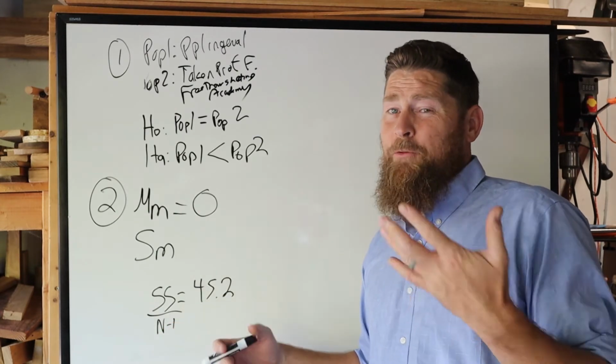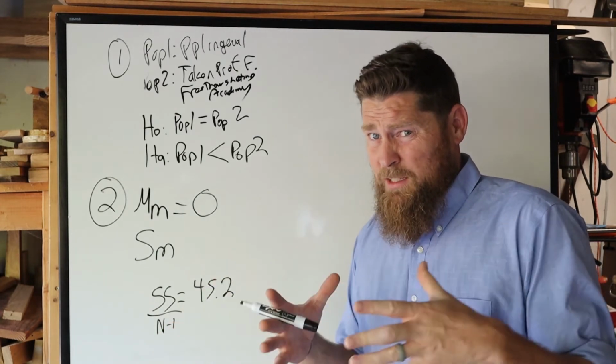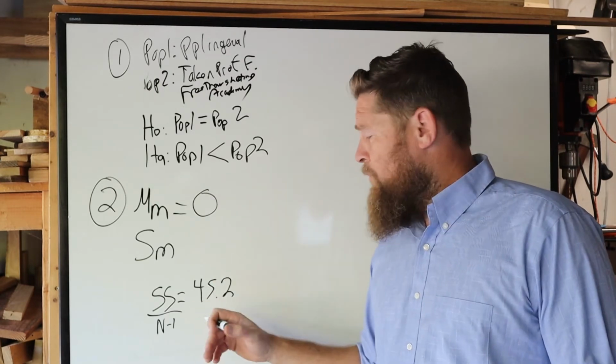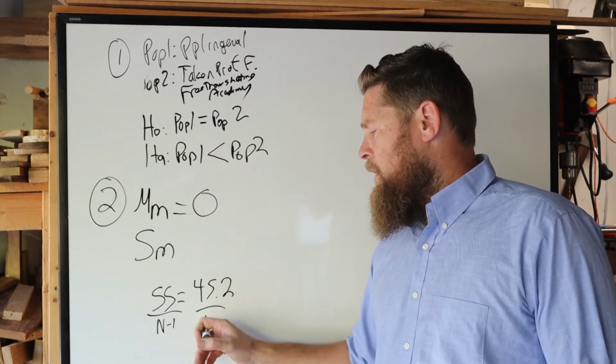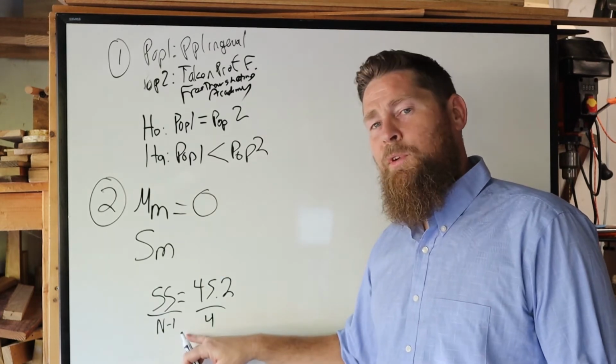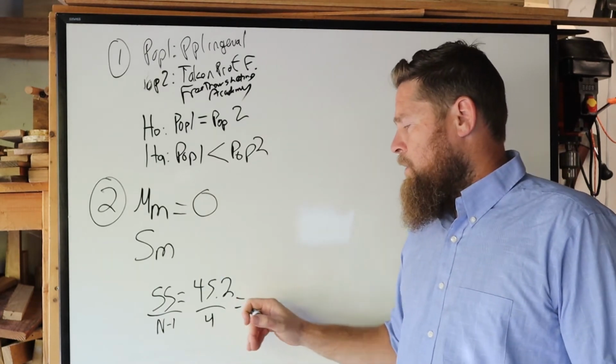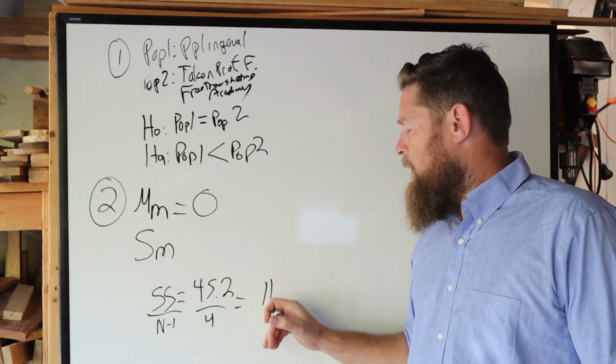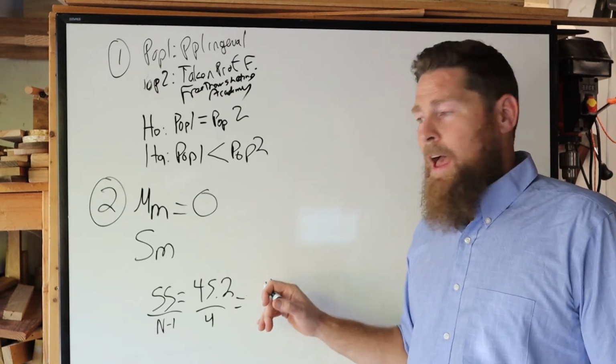For our case we only had 5 people, so 45.2 divided by 4, because 5 minus 1 is the degrees of freedom. That equals 11.3.